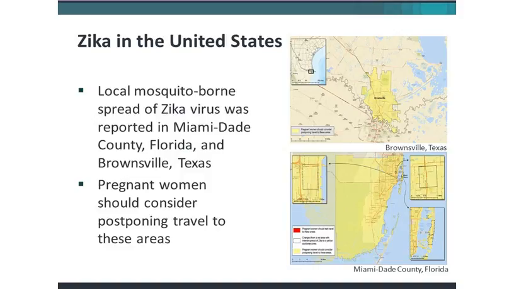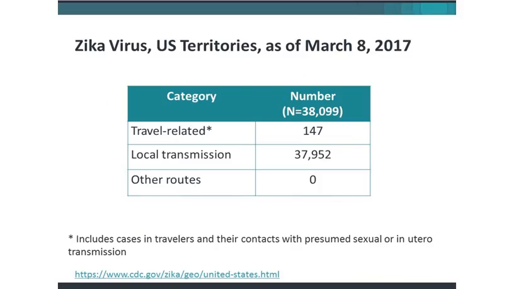Next slide. For the U.S. territories, as of March 8th, there have been 147 travel-related cases. The vast majority of these, however, were locally transmitted, and most of these cases have come from Puerto Rico. Next slide.